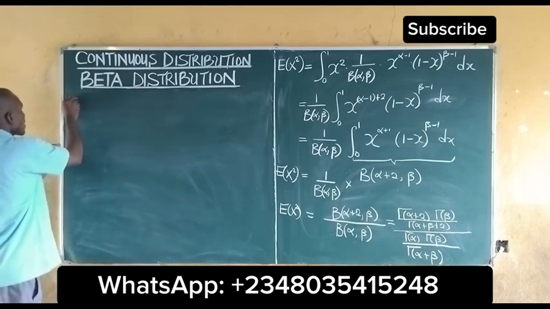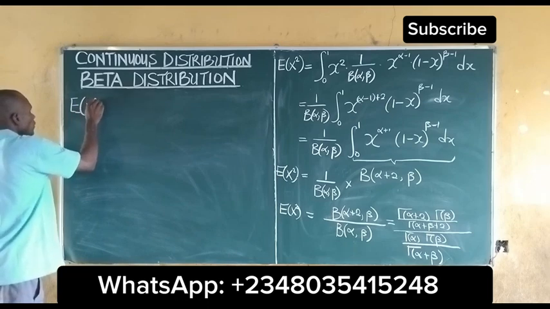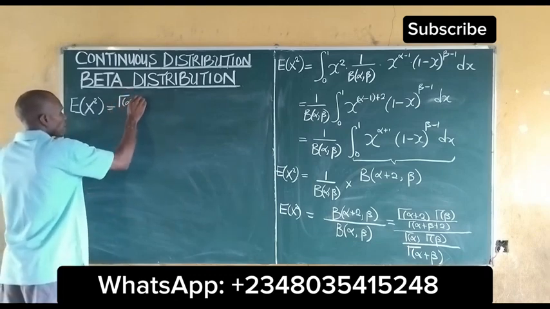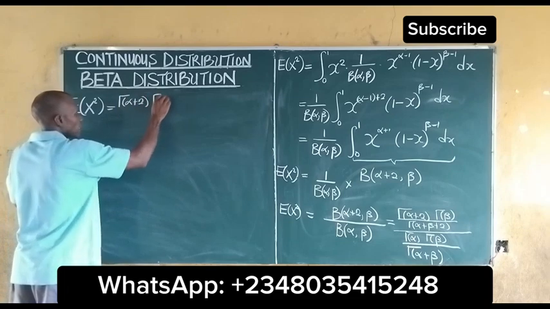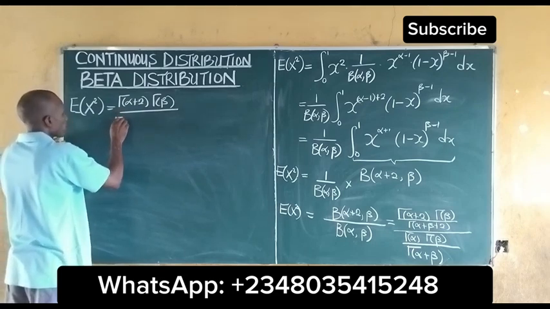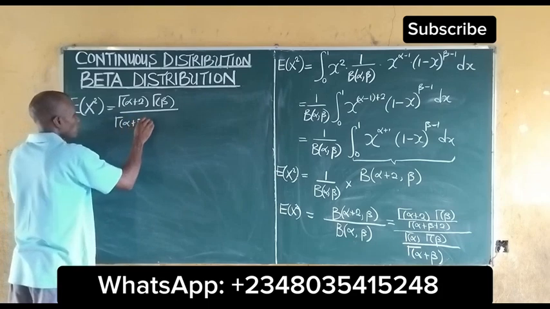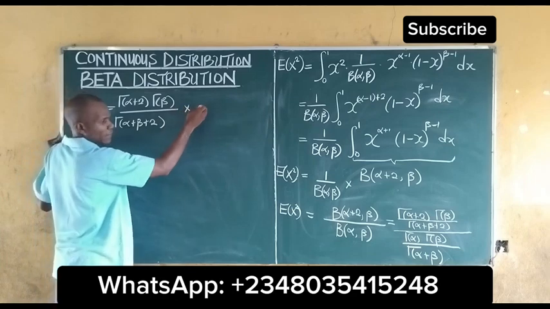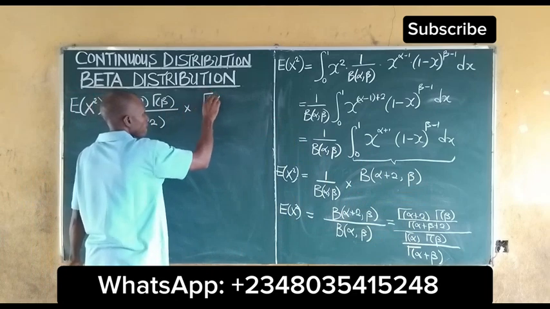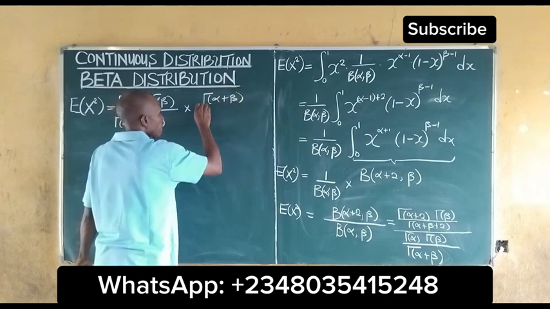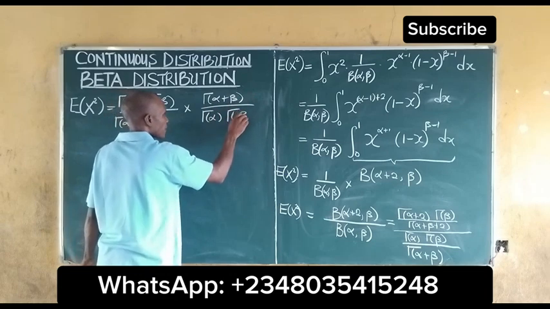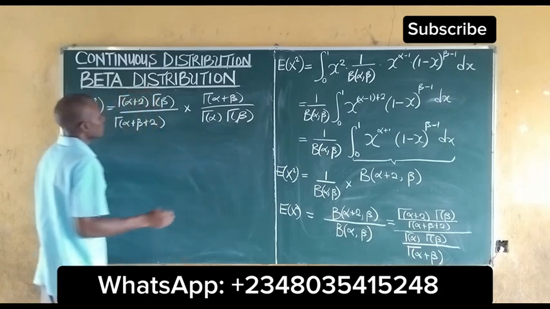So we have our expected value of x squared to be equal to gamma of alpha plus 2, gamma of beta, all over gamma of alpha plus beta plus 2, multiplied by, this will come over as we are multiplying, gamma of alpha plus beta all over gamma of alpha multiplied by gamma of beta. So this is what we get.